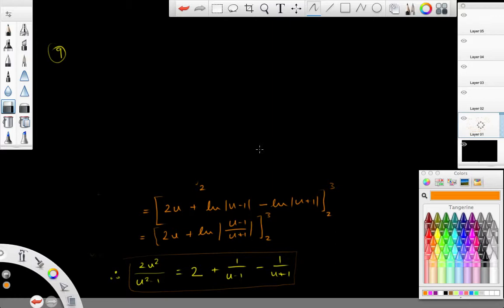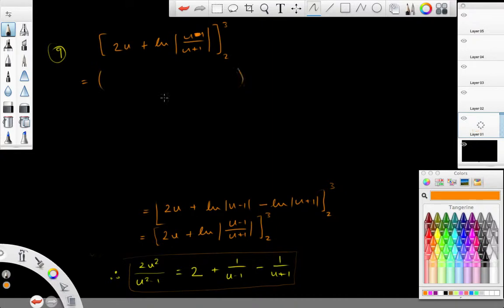I'm just going to simplify that out. So 2u plus the natural log of (u minus 1) over (u plus 1), between 2 and 3, equals.